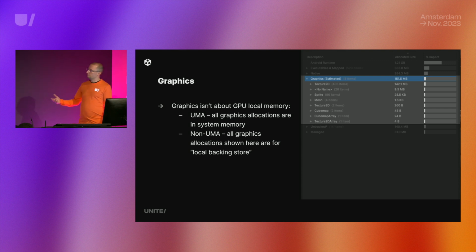It's kind of obvious with UMA, because we allocate from system memory, GPU shares memory with CPU, and it's all in system memory, no questions. So why then do we show it for non-UMA platforms as well? The thing is, when we have GPU with dedicated memory, usually on desktops, operating system needs to share that local memory between multiple applications.